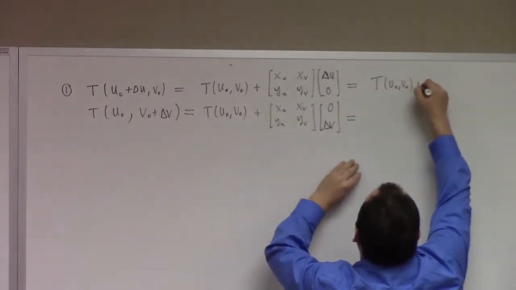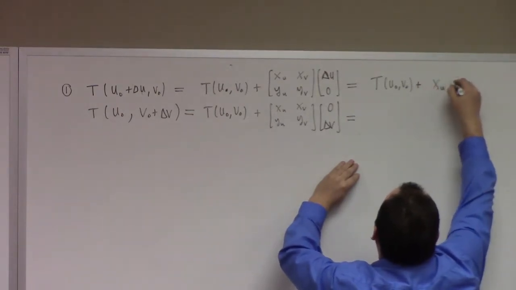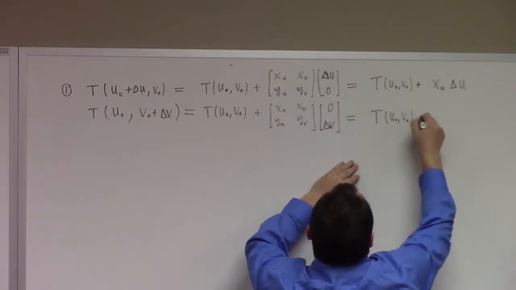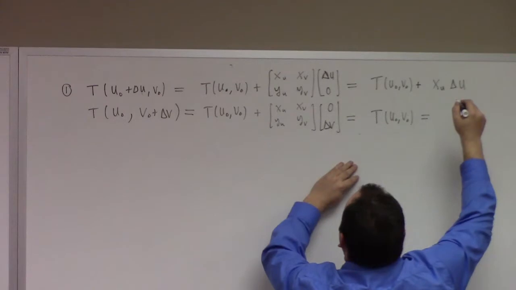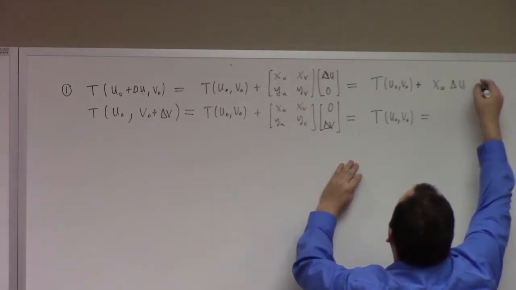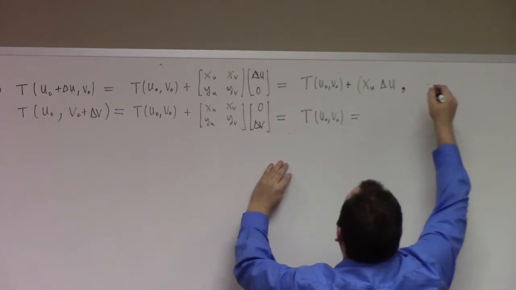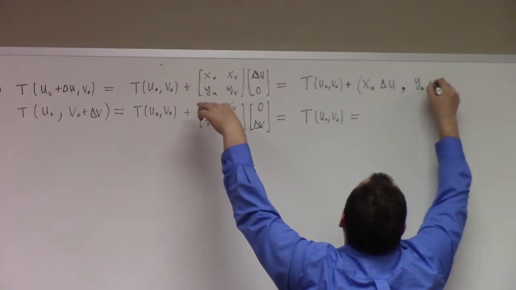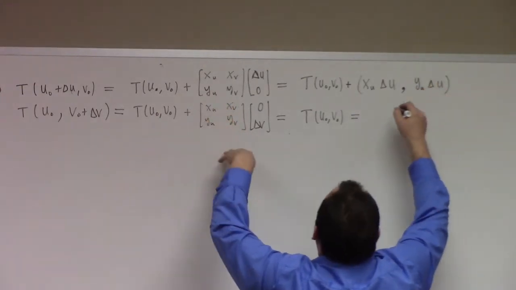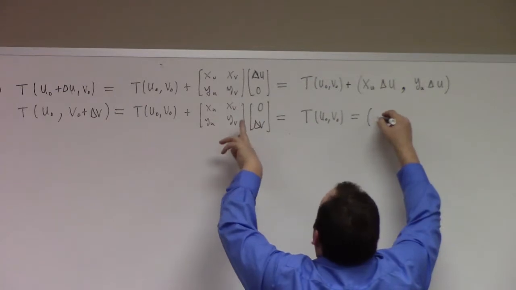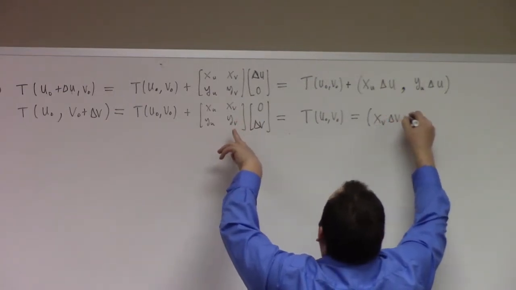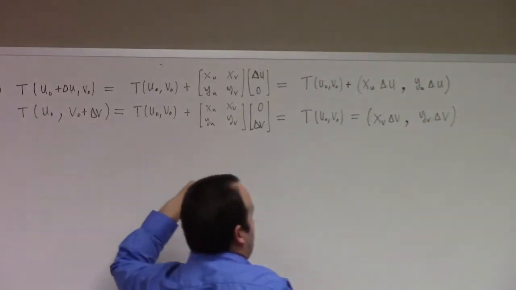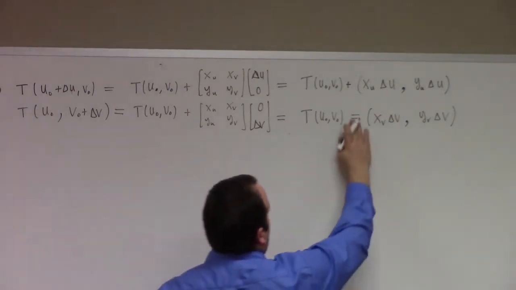When you multiply this, you get x sub u times delta u, y sub u delta u. And for this one, when I multiply the matrices, I get x sub v times delta v and y sub v times delta v. Oops, not equality, but plus.